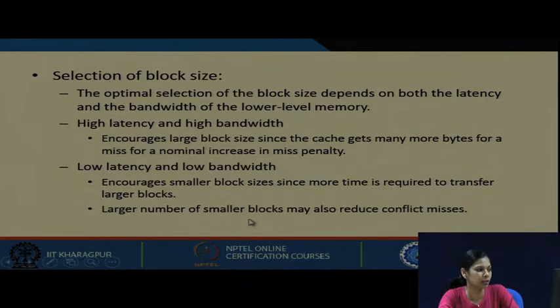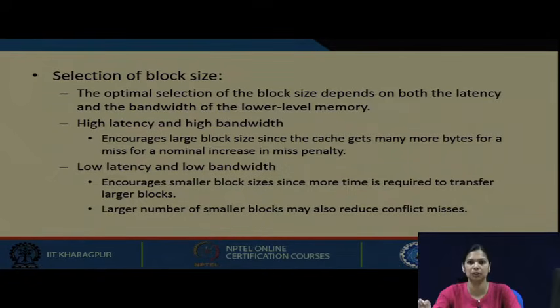A larger number of smaller blocks may also reduce conflict misses. If we have more blocks, then conflict misses can get reduced. Conflict miss is what I already discussed, where different main memory blocks are mapped to one cache memory block.